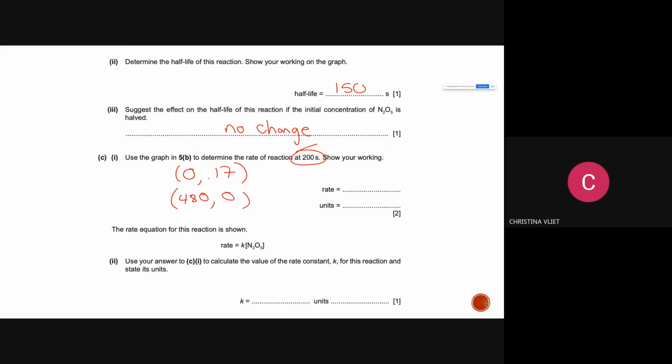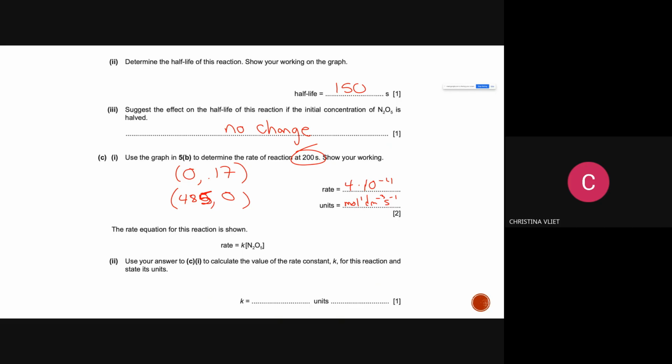And then it's y2 minus y1. Somewhere in that range. They said that anything that you got between 4 times 10 to the negative 4 and 5 times 10 to the negative 4 was acceptable as correct. Units. Minus 1. Rate equation, they give it to you.